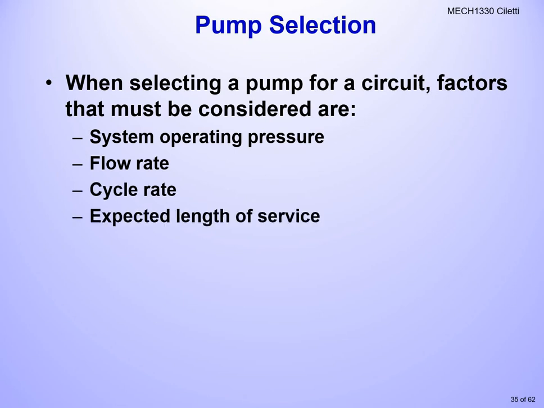If you're in a factory, you don't want that breaking down all the time. Environmental conditions: is the ambient temperature always going to be the same in the room, or is it going to be hotter in the summer, colder in the winter? Is it outside? Is it inside? All those different things you need to take into account. And obviously cost. You get what you pay for, sometimes.